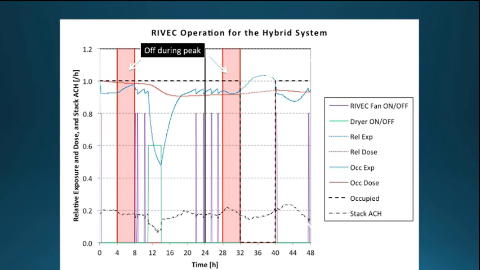That is, the mechanical system comes on every now and then because the passive stack system is not sized to provide 100%, because if it did, it would provide too much for much of the time. And so this is a way of doing a hybrid mechanical passive system that can cut costs in a variety of ways. So I won't go into the details, but it's the same pattern of occupancy use as the first RIVEC example.